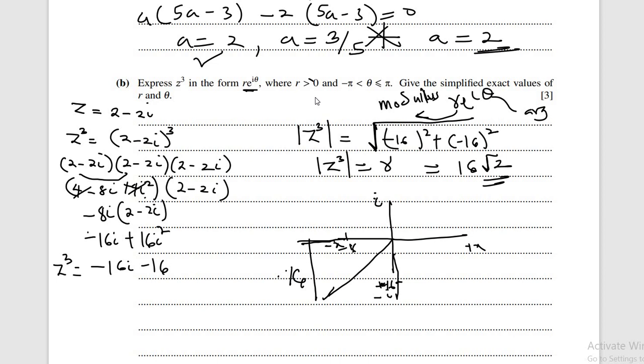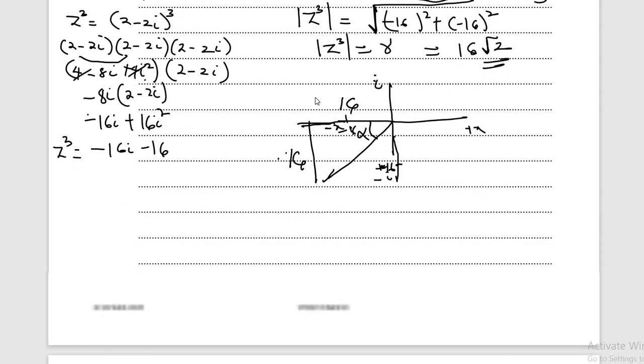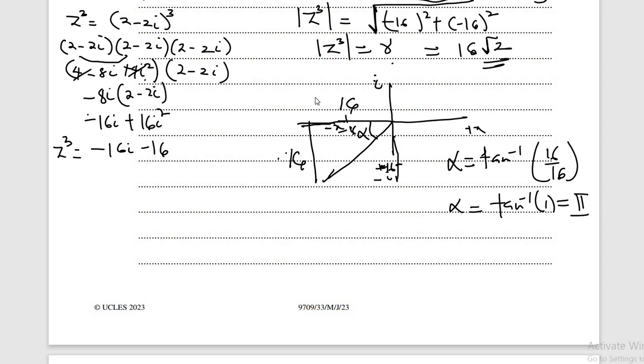The negative just shows you the quadrant it falls into. So this is the angle, the opposite over adjacent. At the end of the day, we have arctan 16 over 16. Don't forget, you don't need to put the negative. The negative shows you the direction or the quadrant it falls into. We have arctan 1, which is pi over 4.